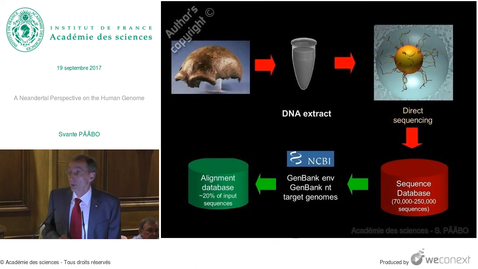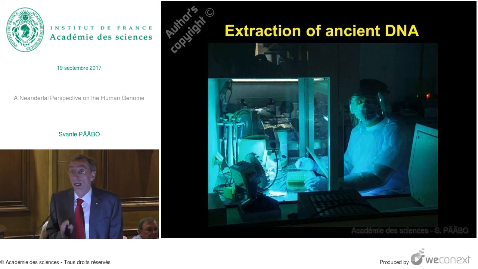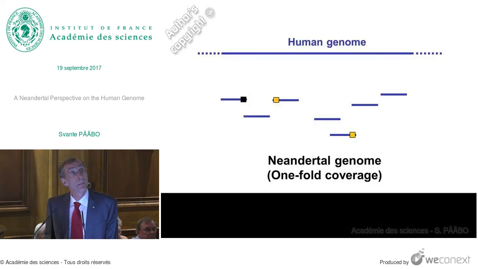And when we started working on that about 15 years ago, we could already profit from over 20 years of experience in our lab to work out the techniques to retrieve DNA from fossils without contaminating it with present-day human DNA, as we heard, and manipulating small amounts of damaged DNA in an efficient way.